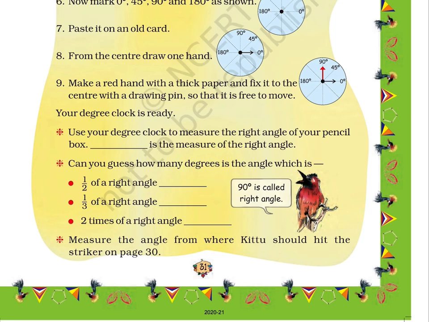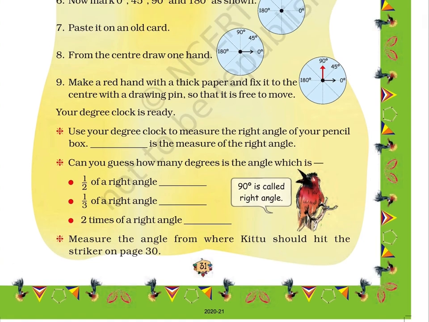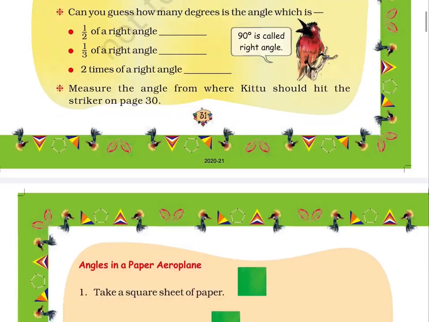Dash. 2 times of a right angle? Dash. In the bottom right corner of the page, a bird sitting on a tree is shown telling us 90 degrees is called right angle. Measure the angle from where Kittu should hit the striker on page 30.